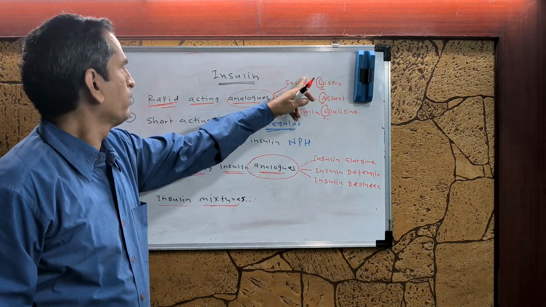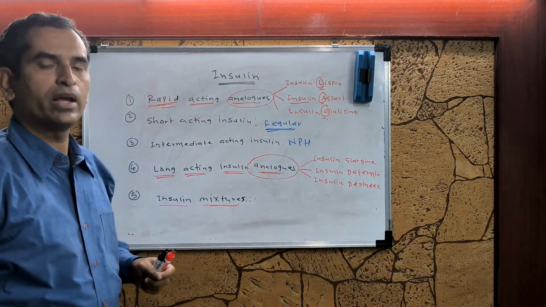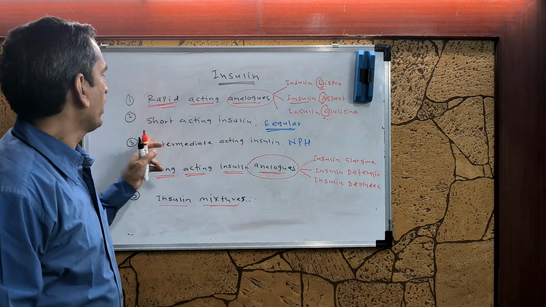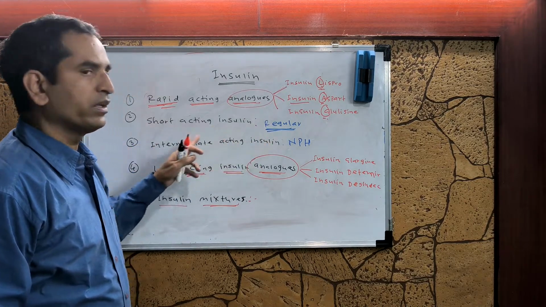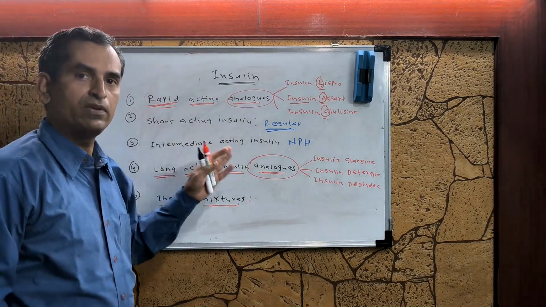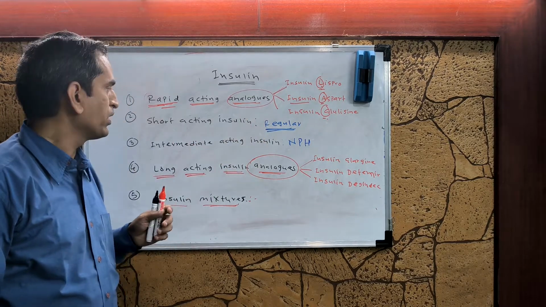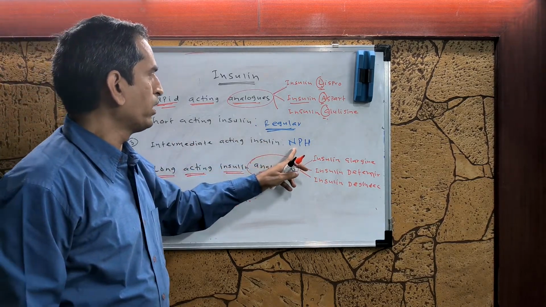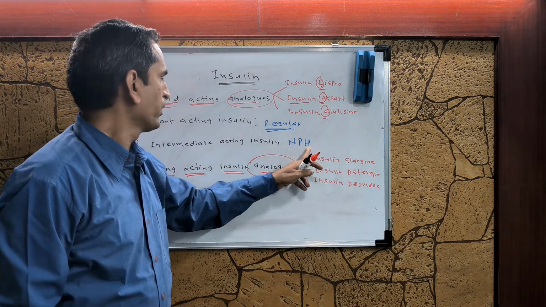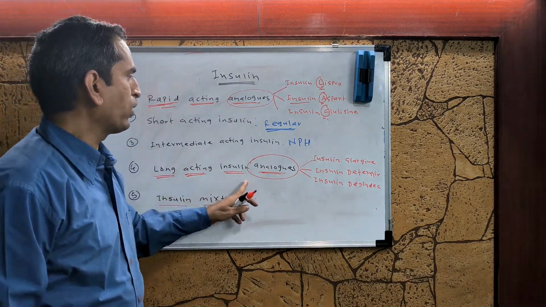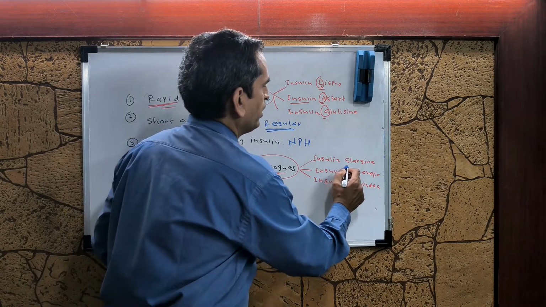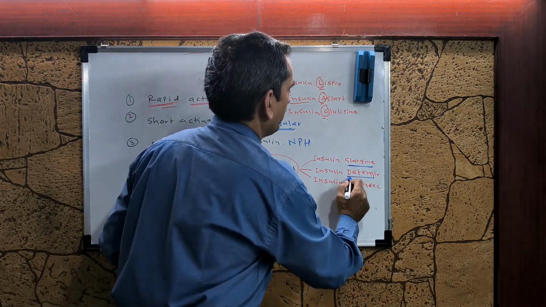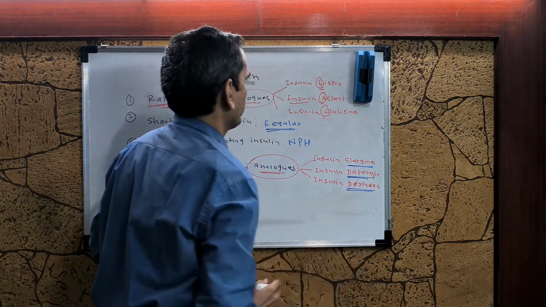The rapid acting ones are given as subcutaneous injection, whereas the regular insulin can be given IV in addition to subcutaneous injection. Intermediate acting insulin: example is neutral protamine hagedorn. Long acting insulin analogs include insulin glargine, insulin detemir, insulin degludec.